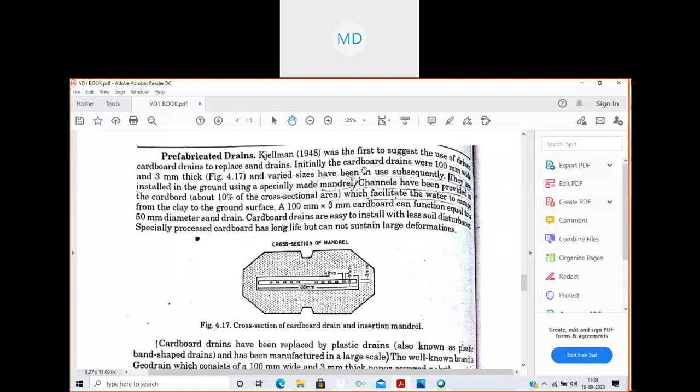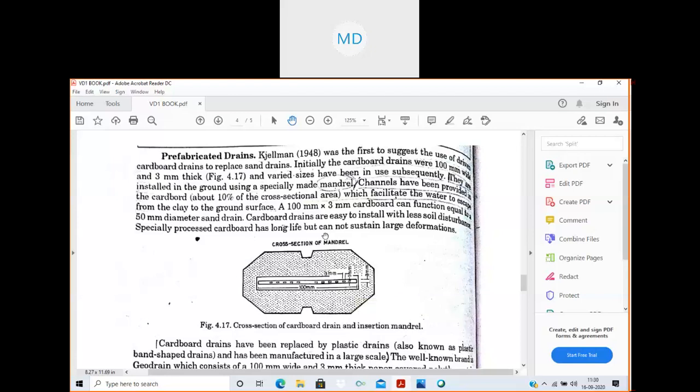Initially, the cardboard drains were 100 millimeter wide and 3 millimeter thick. This is the mandrel section, the dotted portion. You can see it is the mandrel, and inside this the cardboard drain is put. These dots you can see are the pores made in the drains. Then after inserting this drain into the ground in the vertical direction, the mandrel is withdrawn.